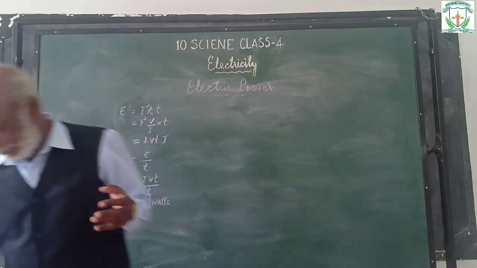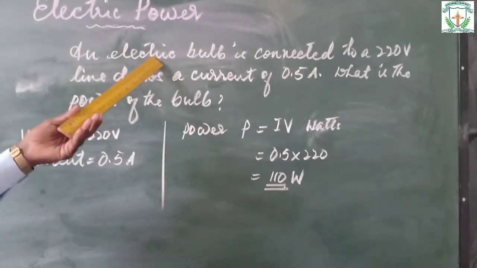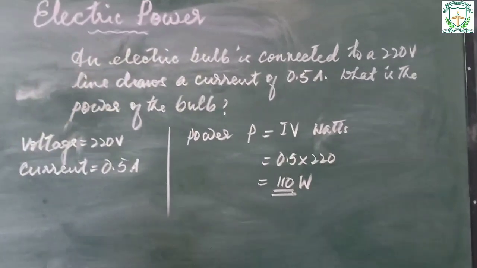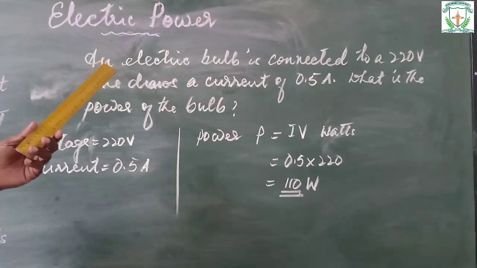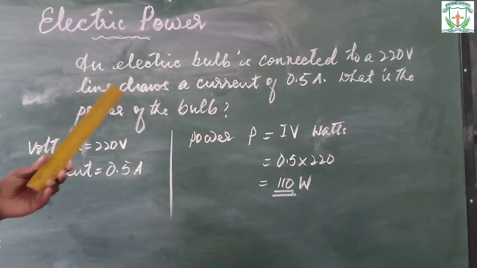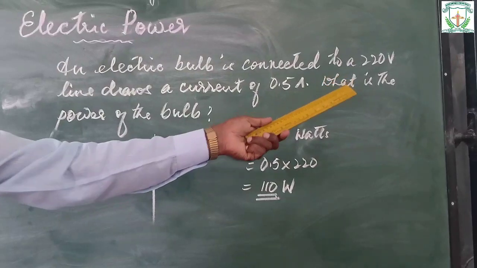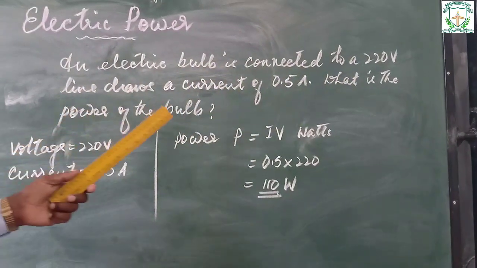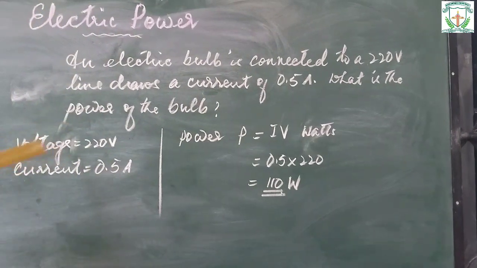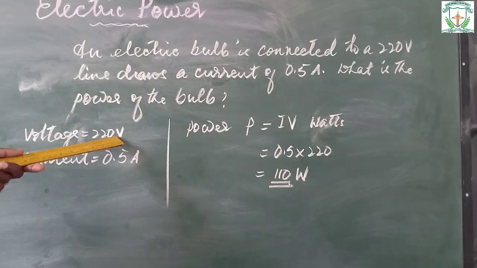Now let us work a simple problem. Children, now we'll work out a practical problem based on electric power. An electric bulb is connected to a 220 volts line and draws a current of 0.5 ampere. What is the power of the bulb? The data is listed here. Voltage, that is the potential difference, is 220 volts.